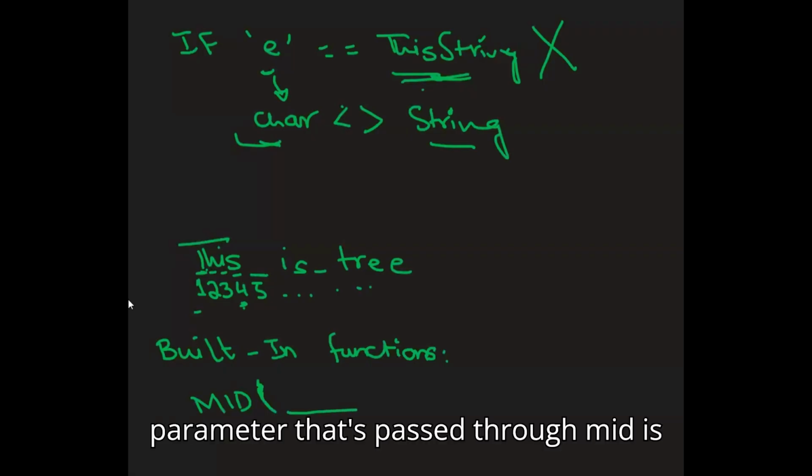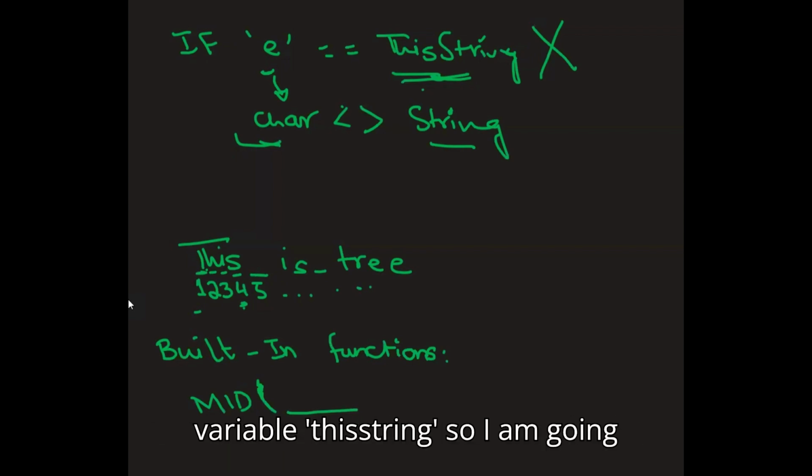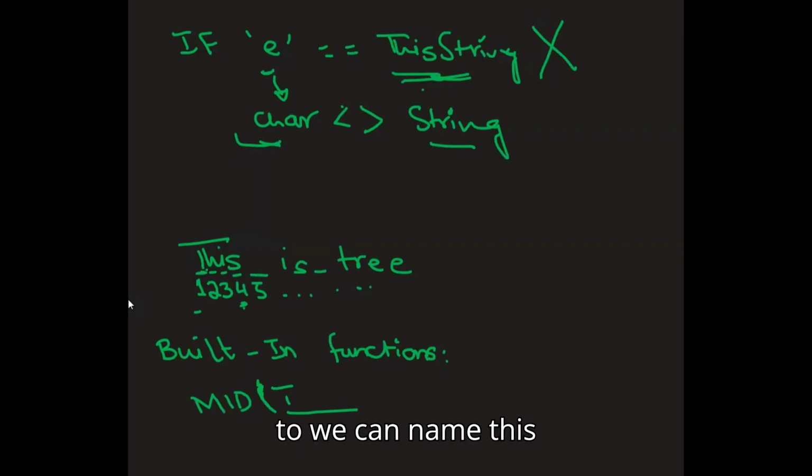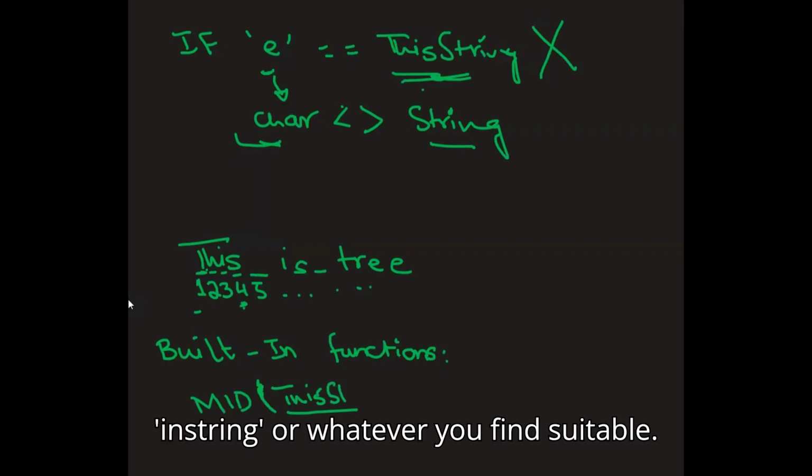So the first parameter that's passed through MID is the string. This string was stored in the variable ThisString. We can name this variable anything. I just wrote ThisString here, but you can call it InString or whatever you find suitable.